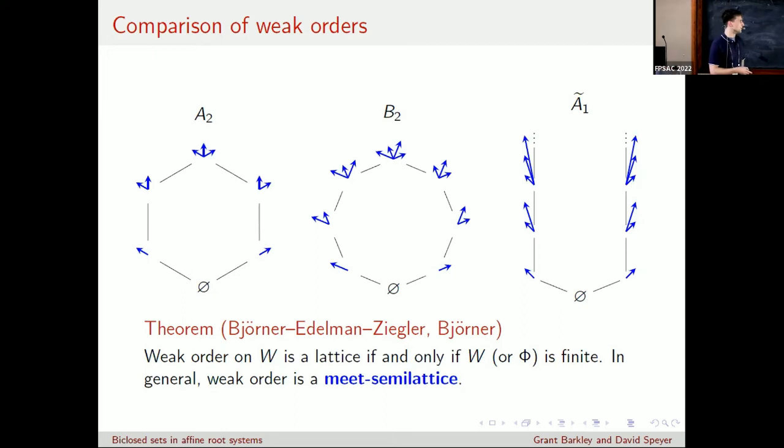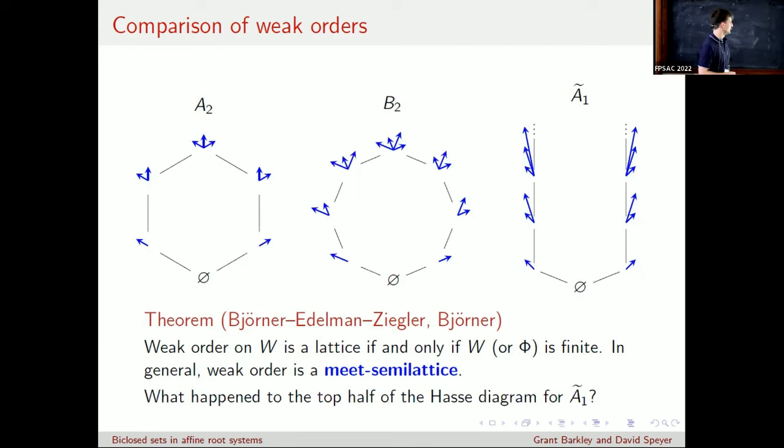If you remember from the previous slide, I had labeled this poset on the right as the finite biclosed subsets of the A1 tilde root system. So you might ask, why are we restricting ourselves to the finite biclosed subsets? What about the other stuff that we think should probably be there?